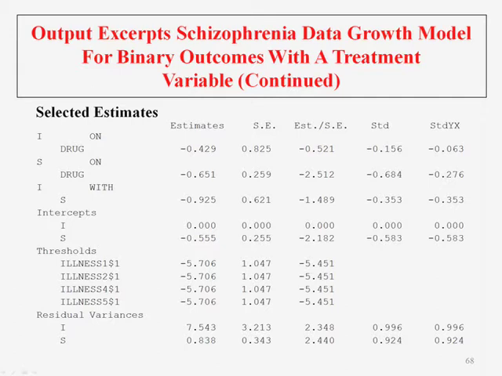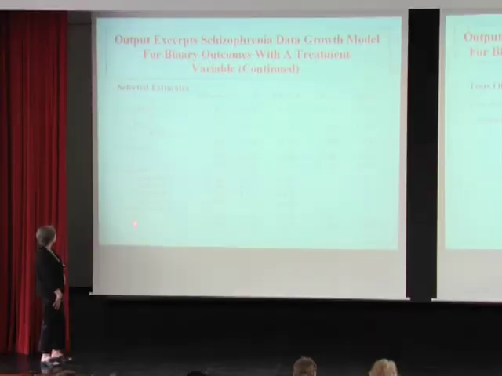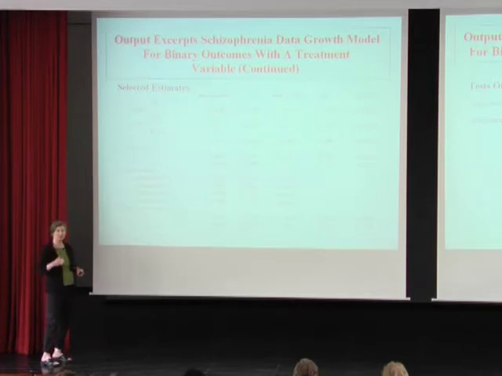And here we have a residual variance for each of the intercept and slope growth factors. Note that because this is a conditional model, we have a covariate. Instead of estimating means and variances for the intercept and slope growth factors, we estimate intercepts and residual variances.